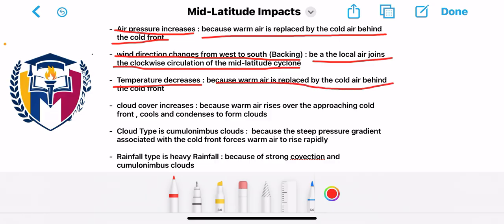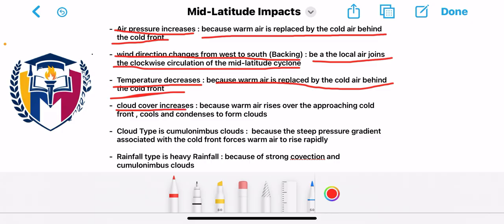Because warm air is replaced by the cold air behind what? The cold front. Remember, the cold air behind the cold front will undercut the warm air ahead of the cold front, which will be uplifted into the atmosphere and isolated from the ground. On the ground we are only left with cold air.